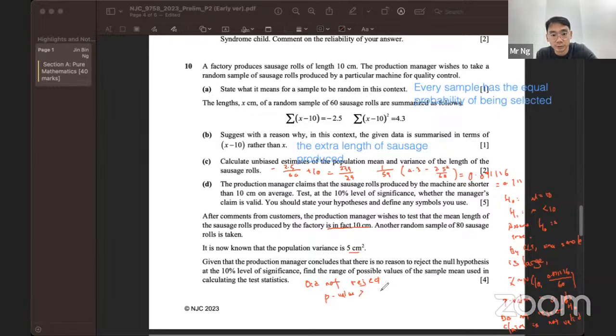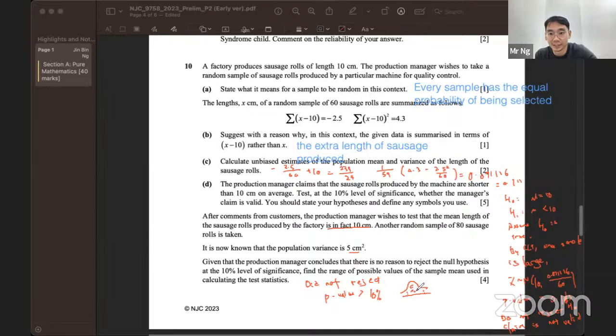Okay, so the p-value is still more than the significance level. Then because it's a two-tailed test, these are reject regions. So do not reject your situation.